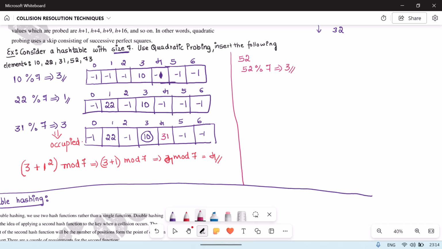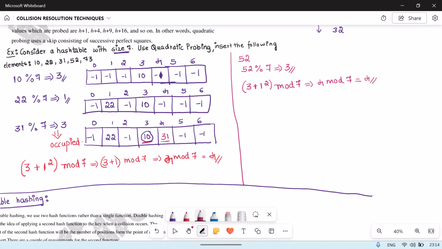But 3 is already filled by 10. So take that hash value and use the first number and its square: 3 plus 1 is 4 mod 7, which is 4.